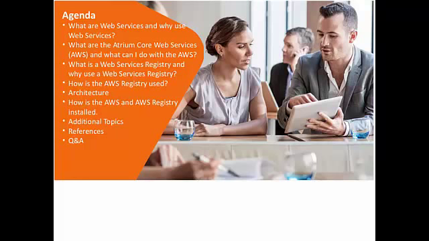Also, what a web service registry is, a UDDI registry, and why you would want to use it, and how the AWS registry is used. AWS is Atrium Web Services. And then a quick look at the architecture, and then how to install the AWS and AWS registry, and then a few additional topics, and then we'll go to Q&A.